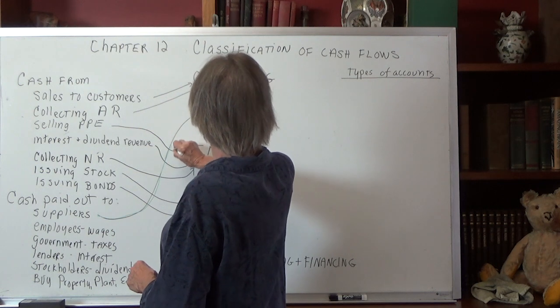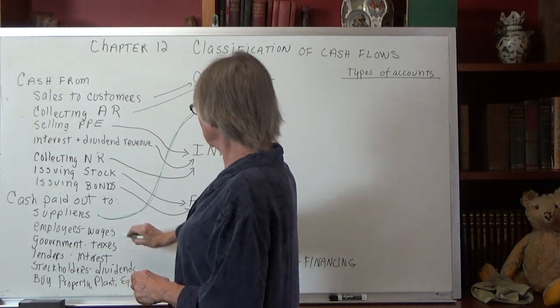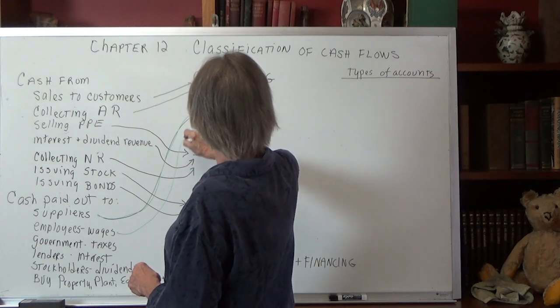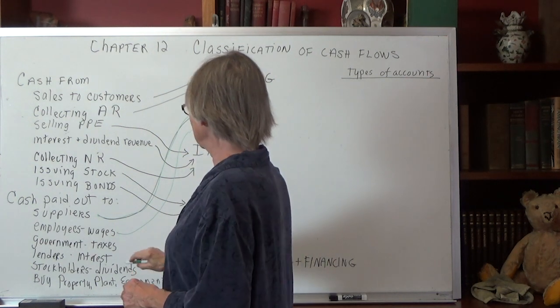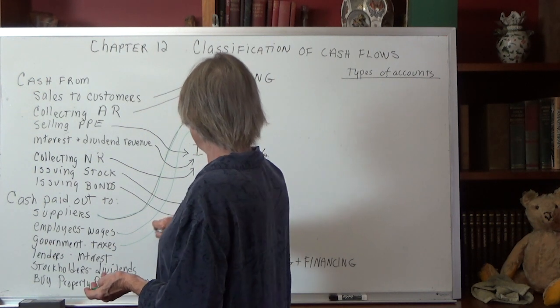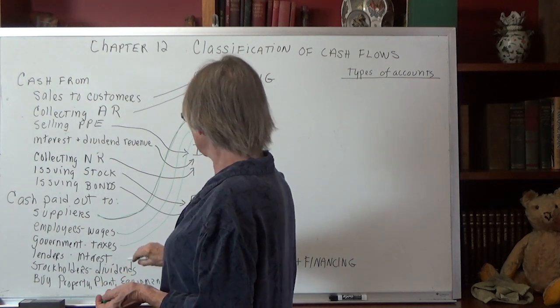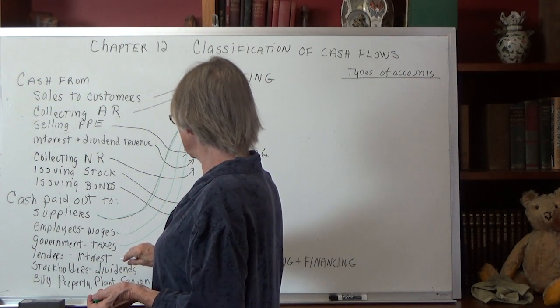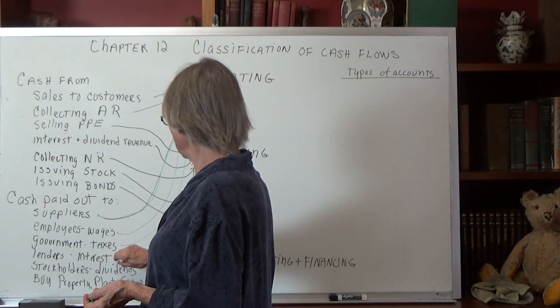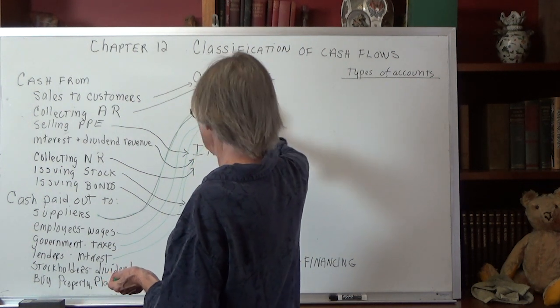Okay, there we go. Cash paid out to suppliers, that would be operational. Employees' wages, yeah, they help with the operations of the company, so that's operating. The government taxes, okay, yeah, we have to pay taxes, otherwise they'll shut down our operations. And lenders, interest, we're paying interest now, that's going to end up in operating.